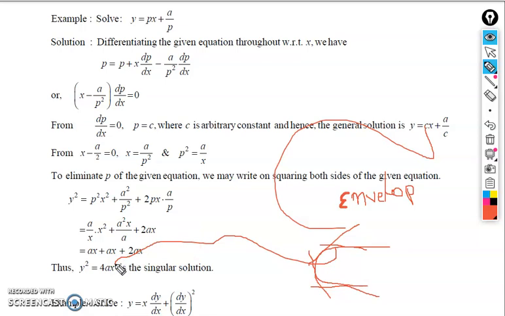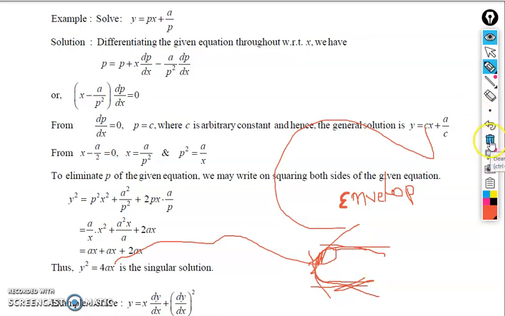This is your parabola. Nothing more. This one is your parabola.